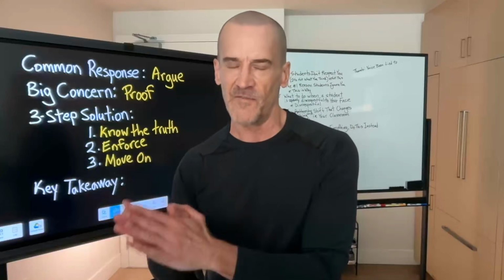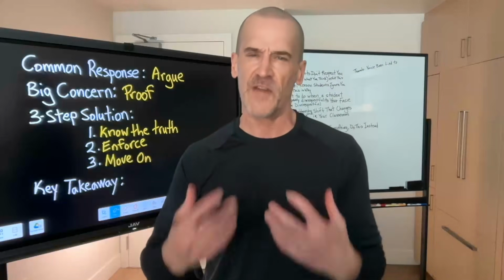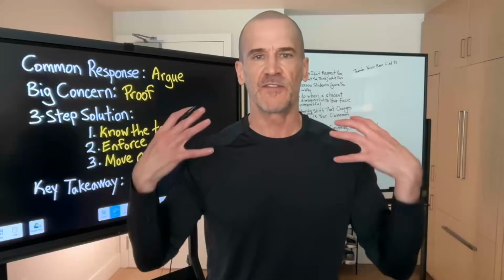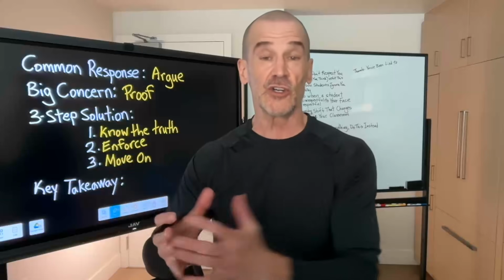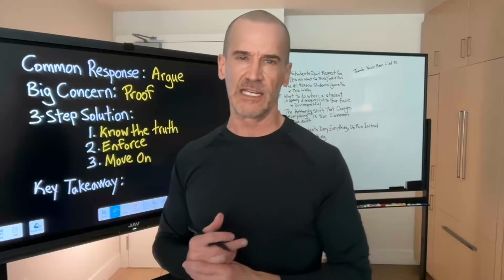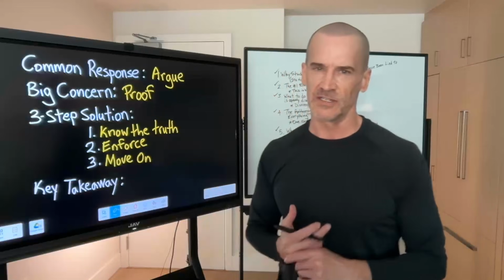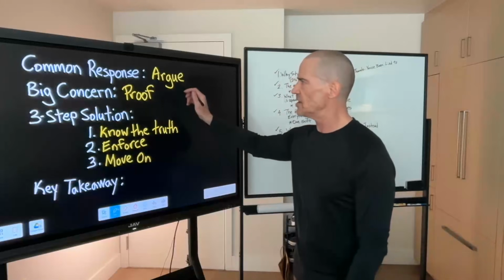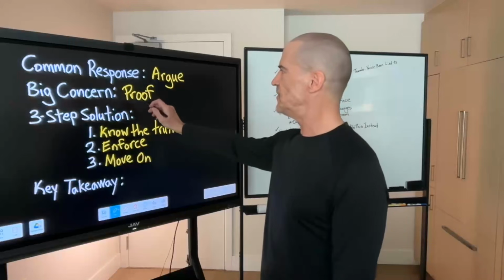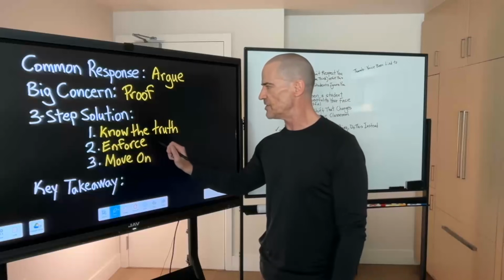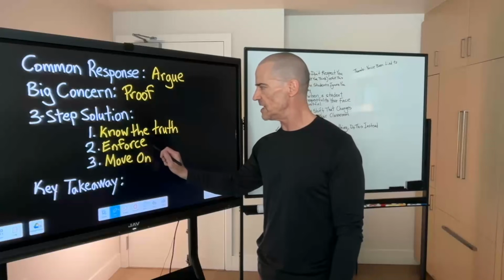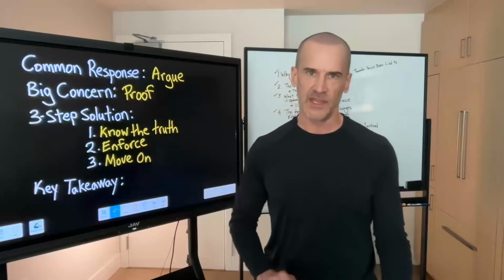It's by far the most effective way to shift responsibility, the most effective way to ensure that student takes responsibility for their actions. So instead of arguing, instead of feeling as if you need proof, you're going to make sure you know the truth, enforce calmly, and move on as if nothing happened.